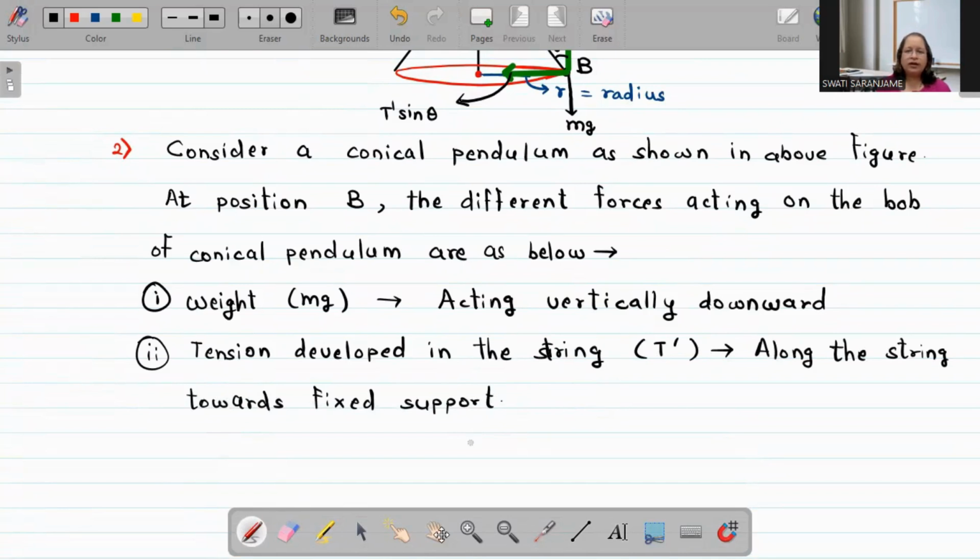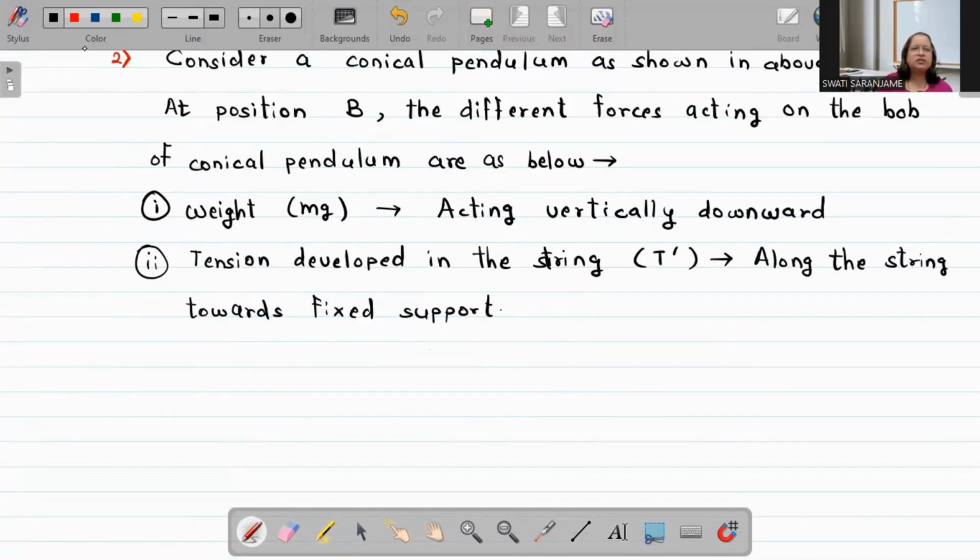So let us resolve. This is our third point.